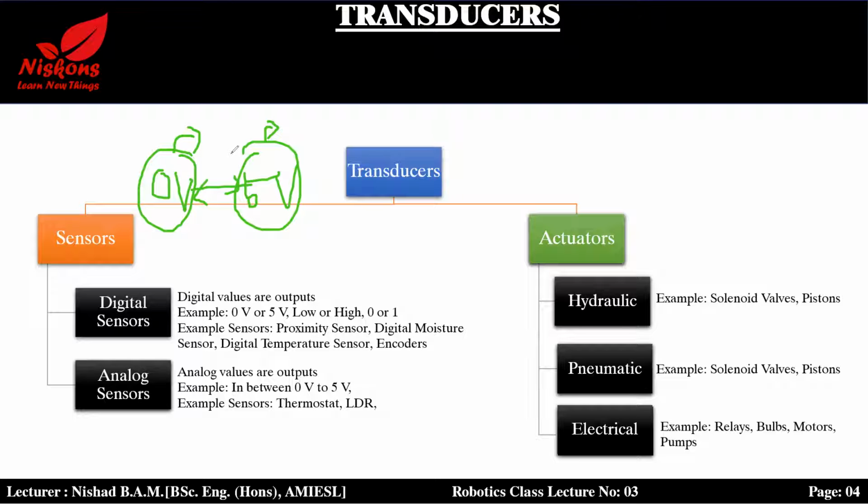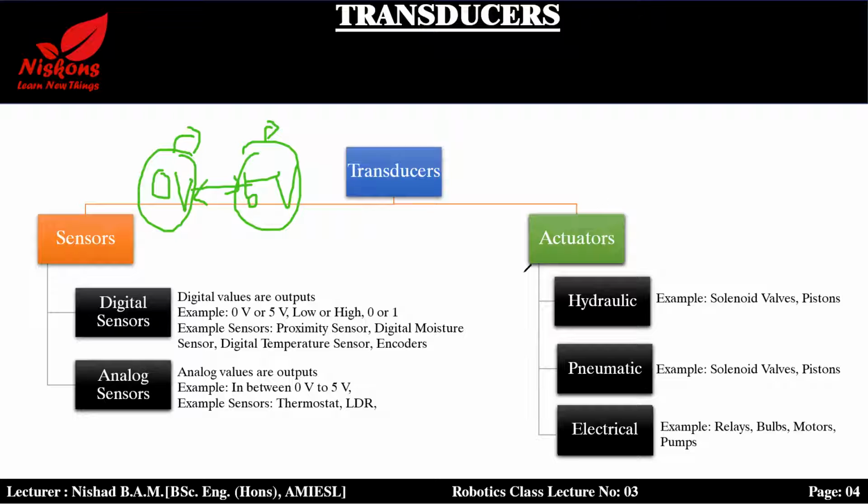As an example, we can sense this smell is very low, this smell is medium level, this smell is very strong. Likewise, we can sense the smell in different levels. So that is called an analog sensor, right? I will show you the pictures so that you can easily understand the sensors.